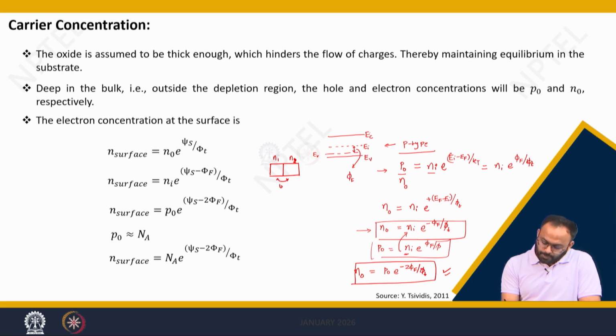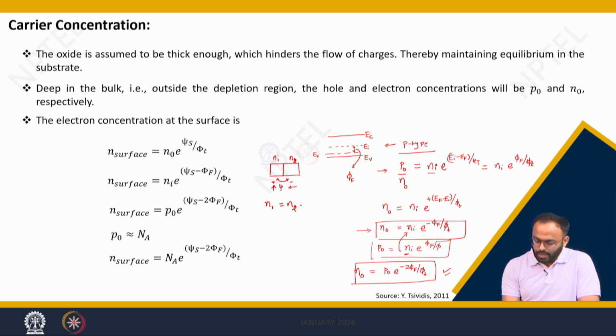This potential tells us how these dopings are interrelated. If this is positive charge, or positive potential, then the electrons will go this side, and hence N1 will be more than N2.